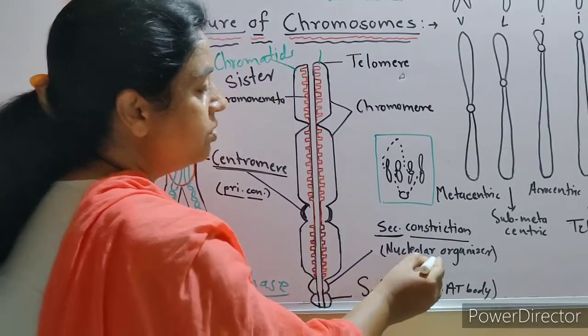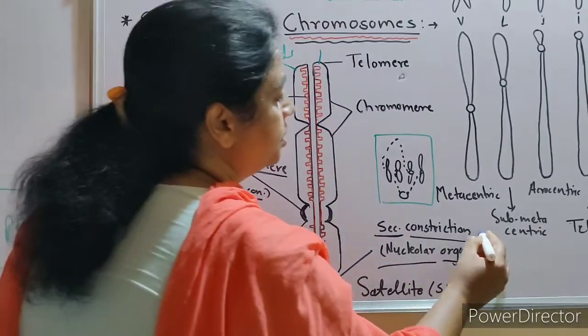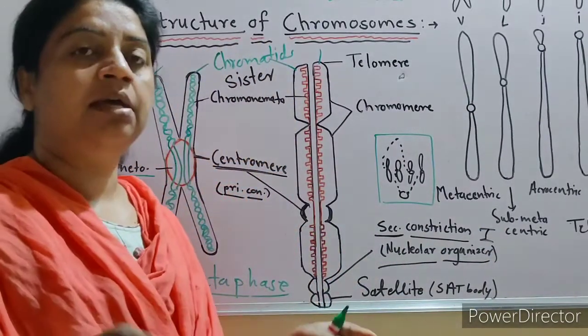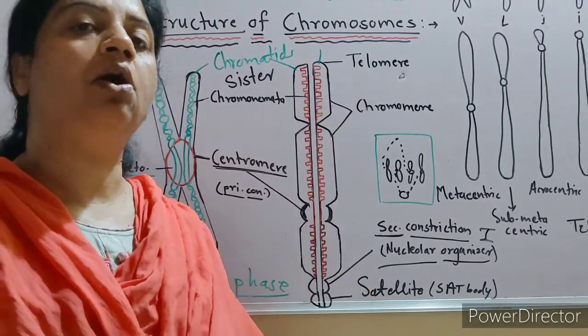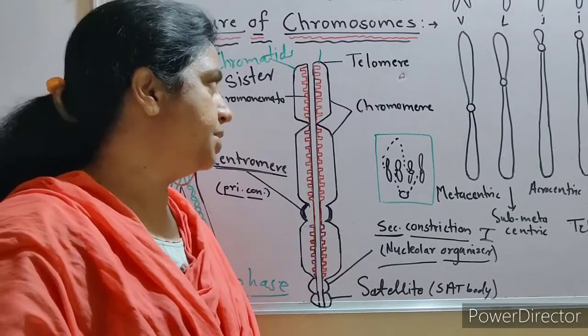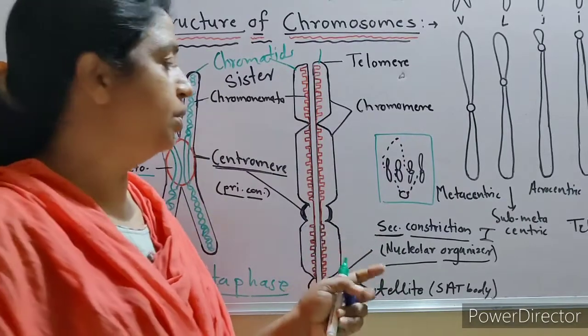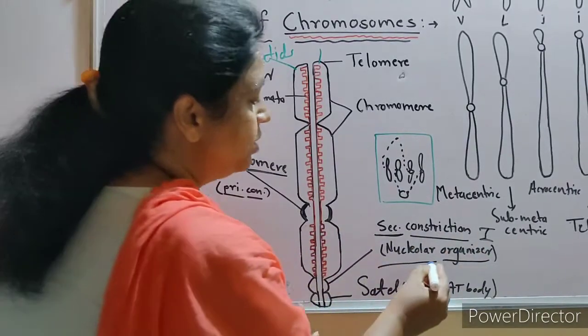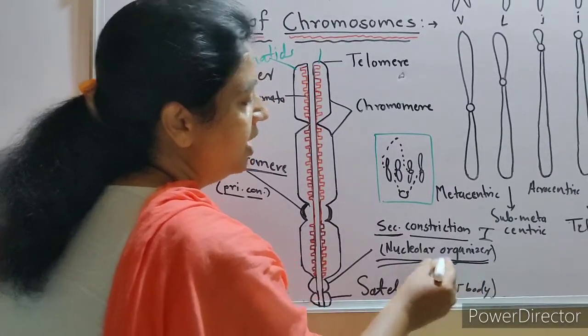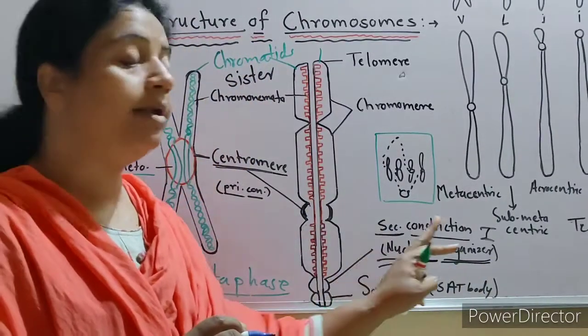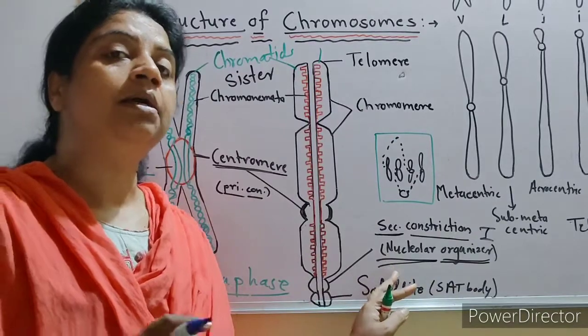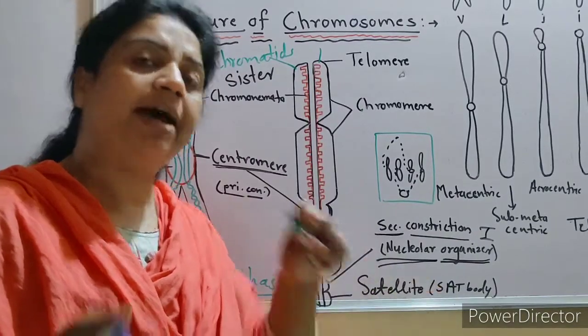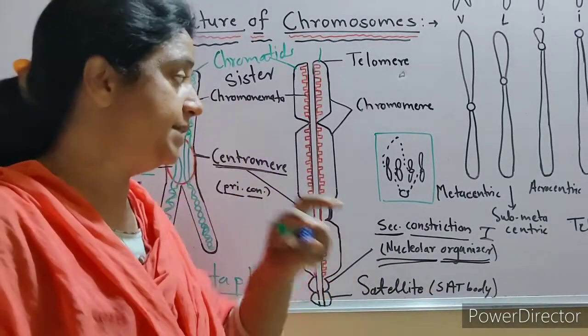Some chromosomes have one or two secondary constrictions, only a few chromosomes. The secondary constriction one is also called the nucleolar organizer. Why is it called the nucleolar organizer?